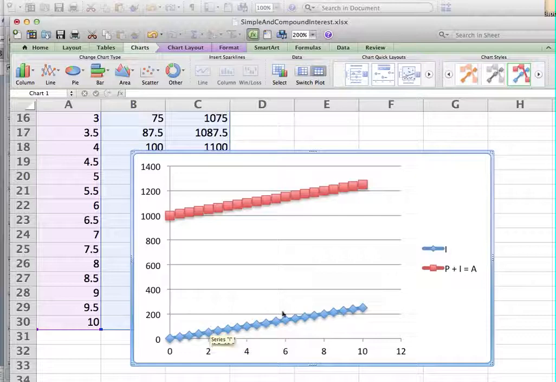I is the interest. It's a straight line through the origin. That's because it's a proportionality. P plus I, which equals A, the accumulated value, is still a straight line, but not through the origin. That's technically not a proportionality between T and A because it doesn't go through the origin, but it is still straight. And that'll be the end of this introductory video.